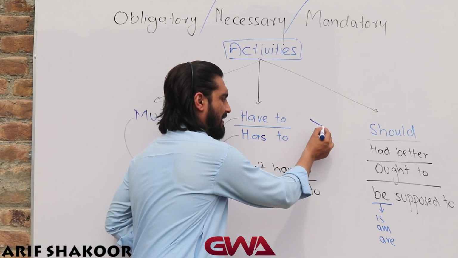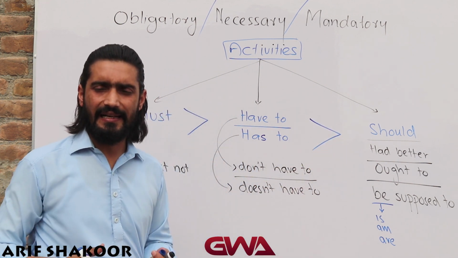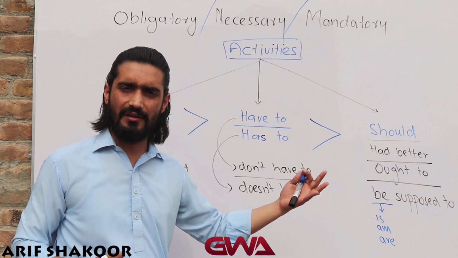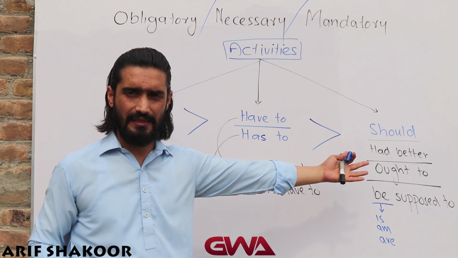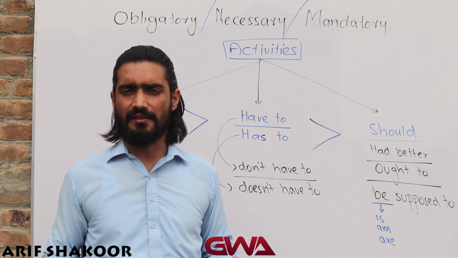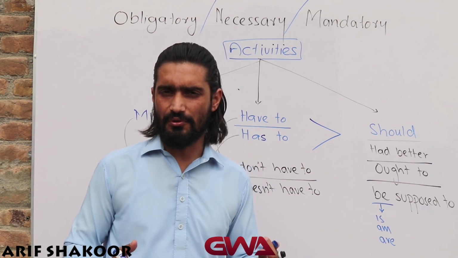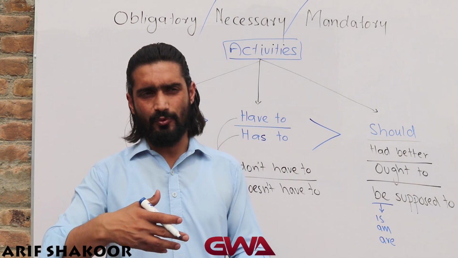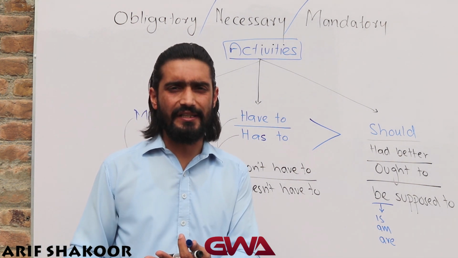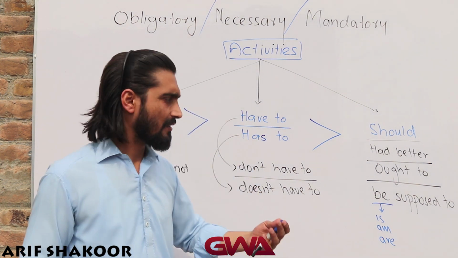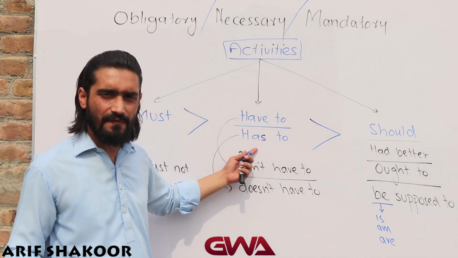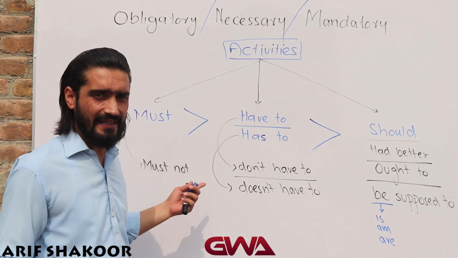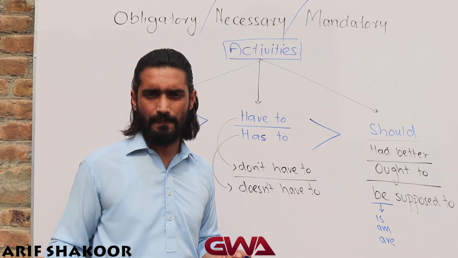While have to and has to are a bit stronger than those four. It means that should, had better, ought to and be supposed to are used for mild obligation, okay, which if you don't do cannot create problems for you. This one can create problems for you and this one definitely creates problems for you.